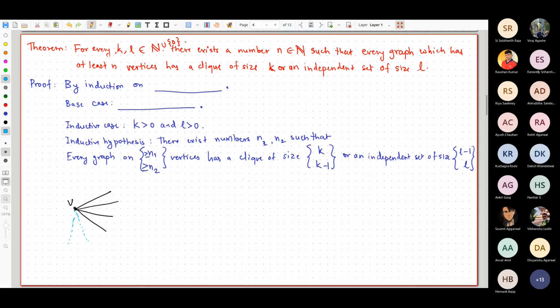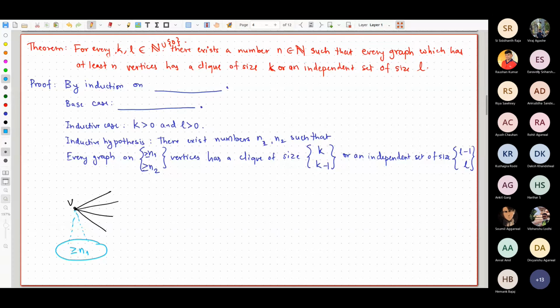Now what happens? If I ensure that V has at least n1 non-neighbors, then what can we say? The induced subgraph on the non-neighbors has a clique of size K or an independent set of size L minus 1.